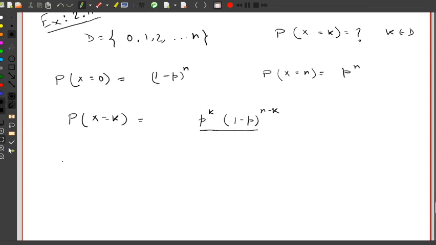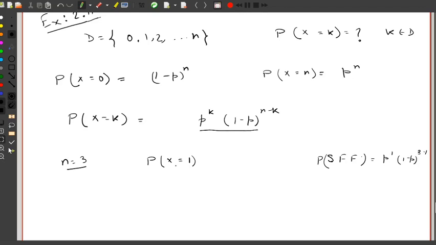Suppose, for example, I take n equals 3 and try to find the probability x equals 1. If I have a particular arrangement like S, F, F, then the probability of this one is p to the power 1 into (1 minus p) to the power n minus 1, which is 3 minus 1, which is 2 in this case.